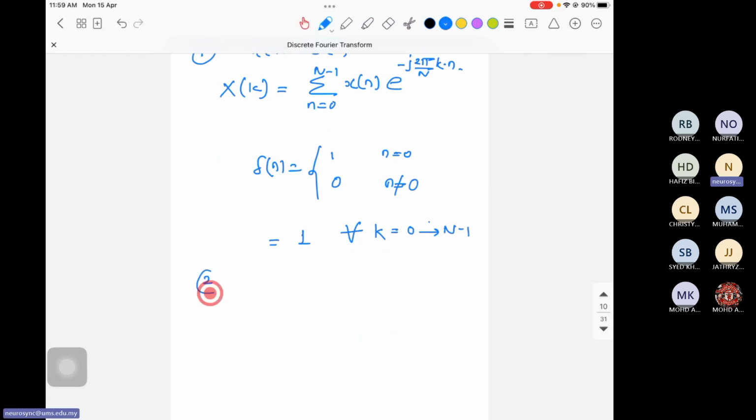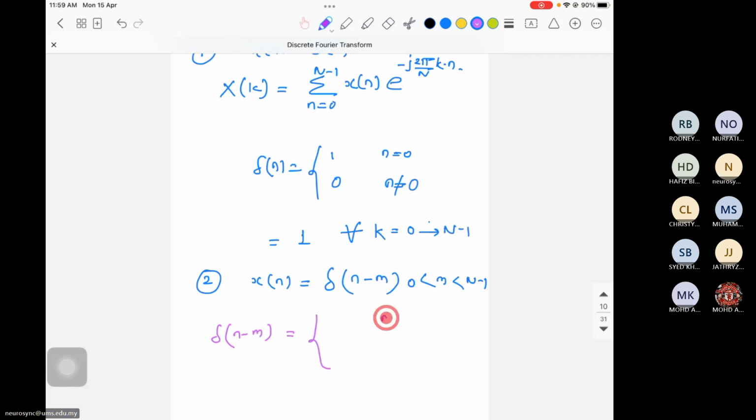Now suppose I delay this by m samples, so I say delta n minus m, a delay of m samples, and this m can be from 0 to n minus 1. Now this is the sequence. Delta of n minus m is what? For n equal to m, you will have value 1. If n is not equal to m, then it is 0.